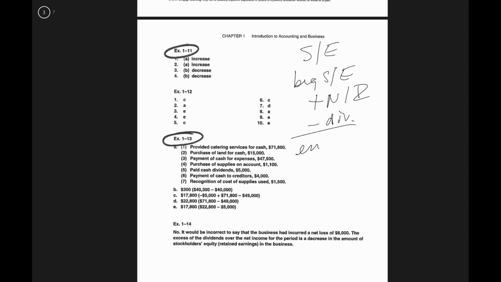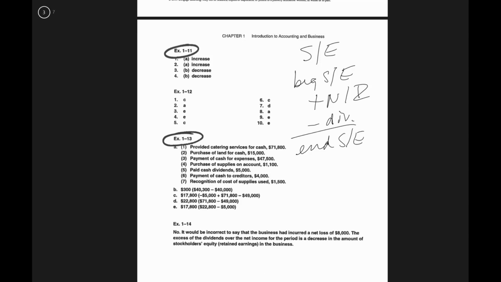An easy way to remember this, and this is something not to get too worked up about with chapter 1 yet, but your retained earnings statement or your stockholders' earnings statement is you got your beginning stockholders' equity, and then to that you add your net income, which is your revenue and expense, less your dividends, gives you your ending stockholders' equity.